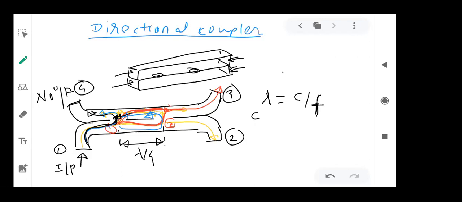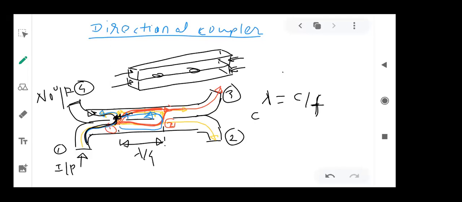So this is the property of the directional coupler. And the behavior is, see, if you treat the upper waveguide as the primary waveguide, and if you feed the signal at port number 4, suppose, then the majority of the power will be available at port number 3, the power available at port number 1 will be 0, and the coupled amount of power will be available at port number 2.